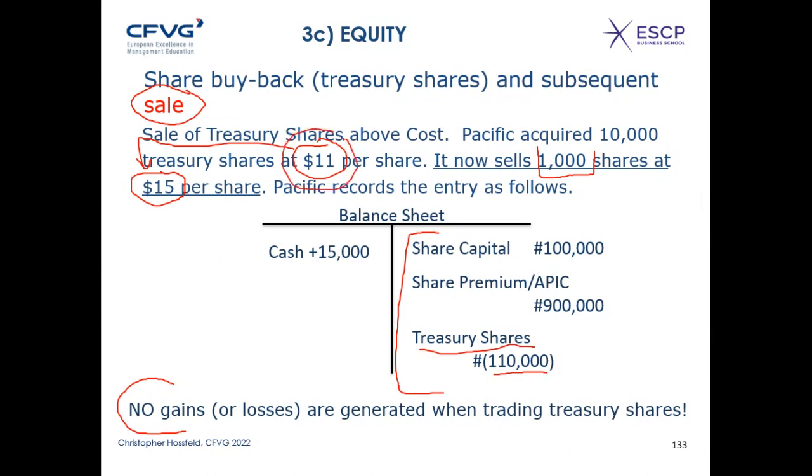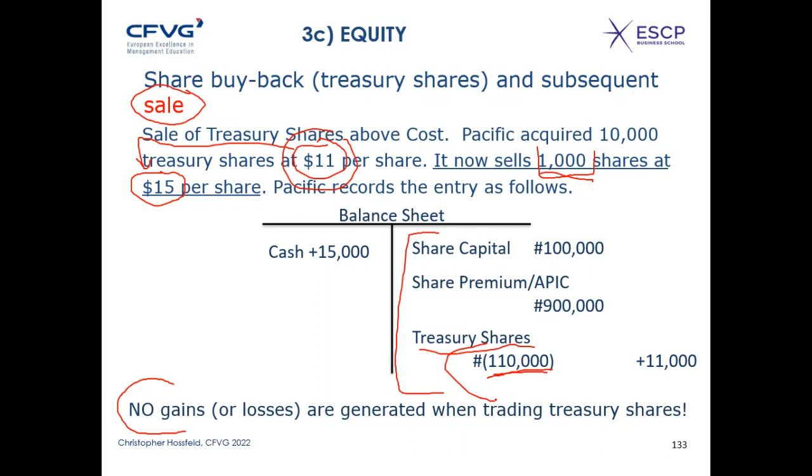The purchase price was 11. So this was 10,000 times 11. And now I sell 1,000 of those shares. That means I need to reduce my treasury share amount by 1,000 times 11 because everything is based on 11 here. So I will do this, and reducing a negative number means obviously there is a plus involved. So now instead of being a negative 110,000, it's only a negative 99,000.